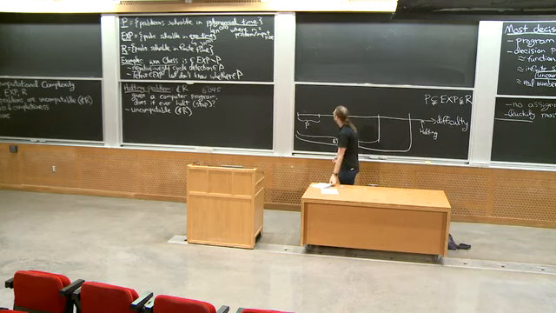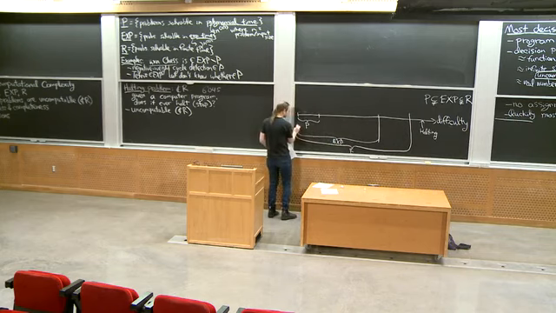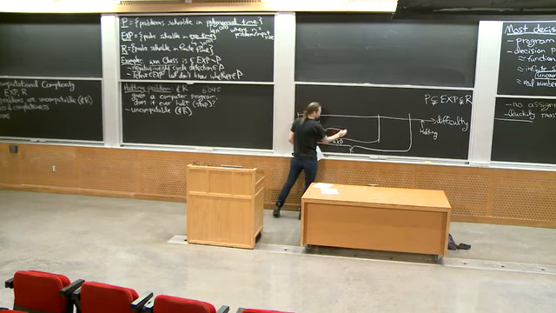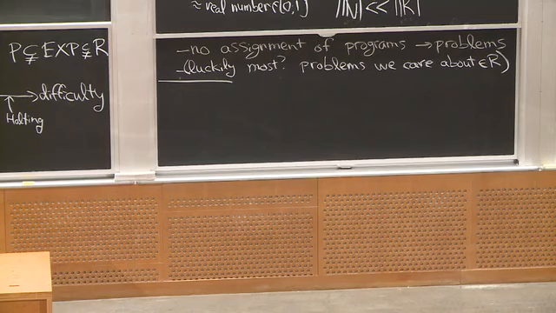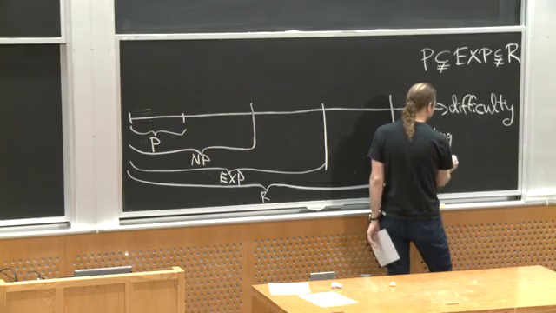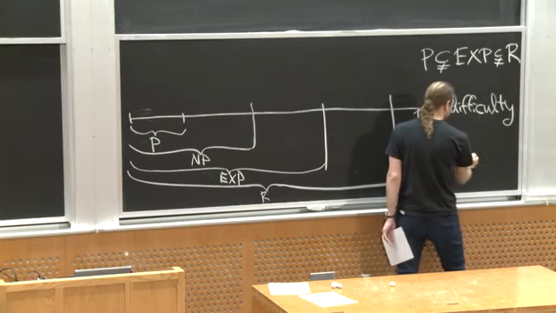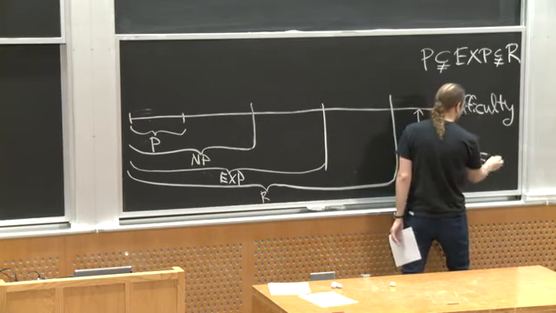All right. I want to add one more class to this picture, which is NP. It nestles in between P and exp. So we know that P is contained in or equal to NP, and NP is contained in or equal to exp.